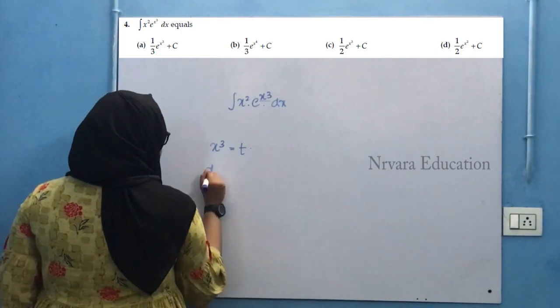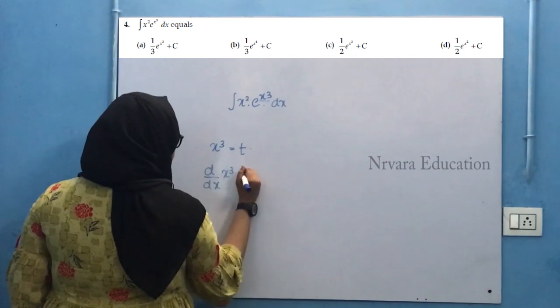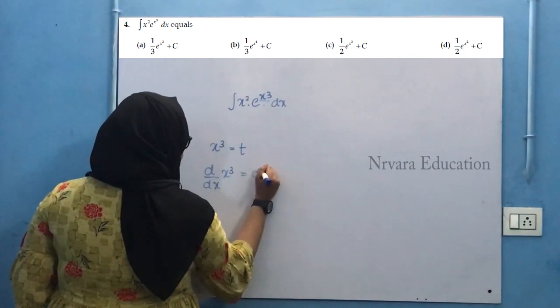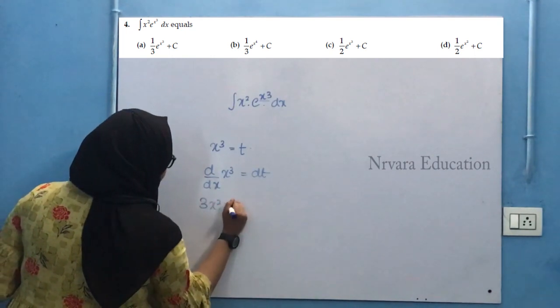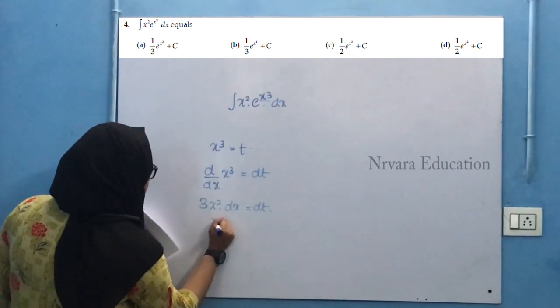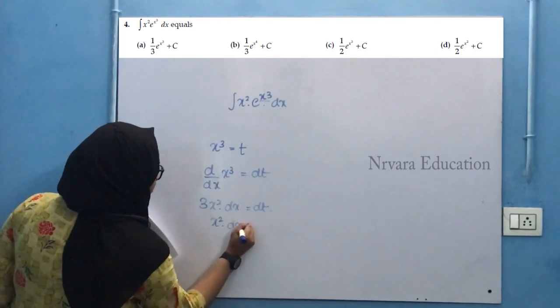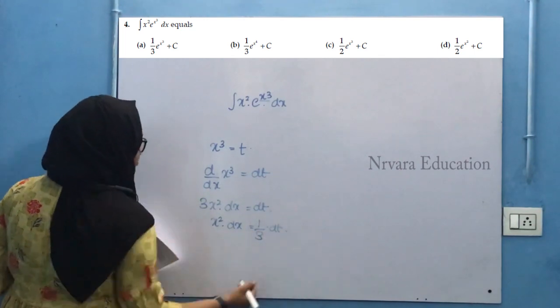Now if we differentiate it, d by dx of x cubed will give dt. So we'll get 3x squared dx equals dt. x squared into dx will be 1 by 3 into dt.